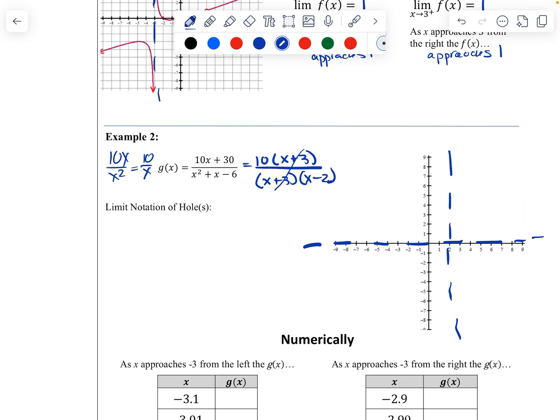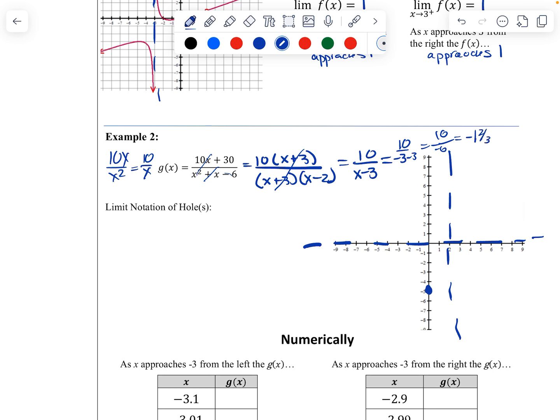And let's see, our y-intercept, if we plug in 0 for x, 30 over negative 6 is negative 5. But we know that there's a hole at negative 3. So this simplified to 10 over x minus 2. If I plug in negative 3, I get 10 over negative 3 minus 3. So 10 over negative 6, which is negative 1 2/3.